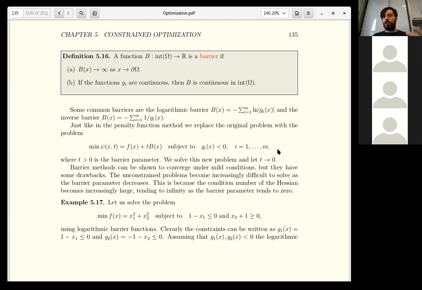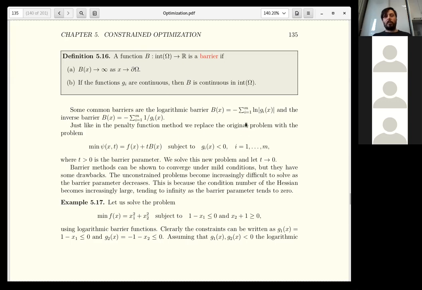In practice, if g of x must be smaller than or equal to 0, then it must approach infinity as g of x approaches 0 from the negative side. Here are examples of barrier methods. We can take the logarithm of the absolute value of g. We can take the negative of 1 over g. Obviously, both of these functions go to infinity as g of x approaches 0 from the negative side.